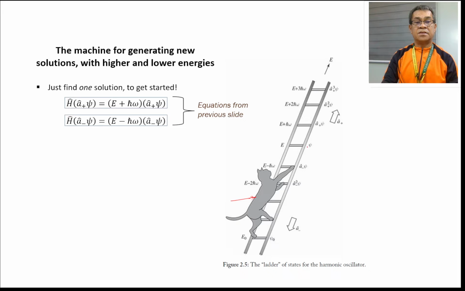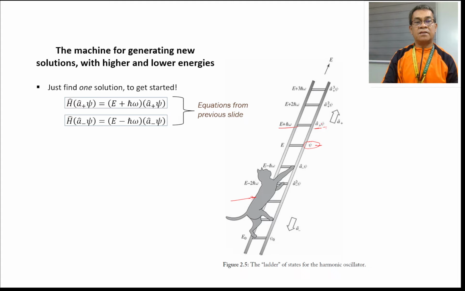If you know this psi and you let the raising operator act on this, you are thinking of the next level, one rung more. Mathematically, remember we have the raising operator acting on psi, and then we have this result, E plus ħω.